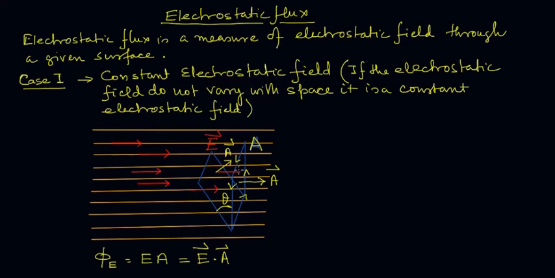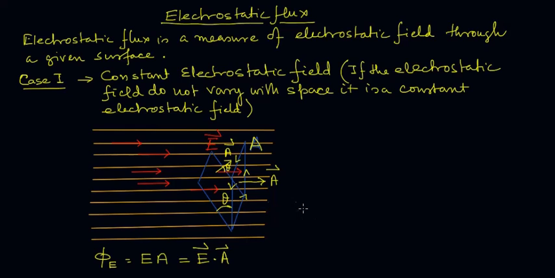So what's the angle between the electric field and the new area? Naturally that will also be theta, because if you have rotated the initial area by an angle theta, the amount by which the new area is rotated from the electric field is also theta.